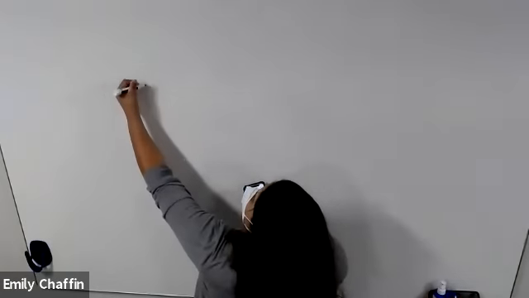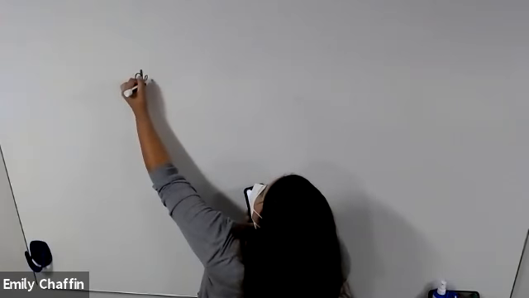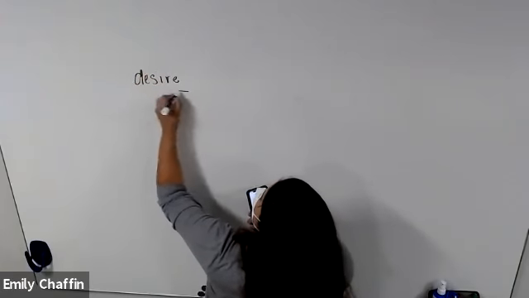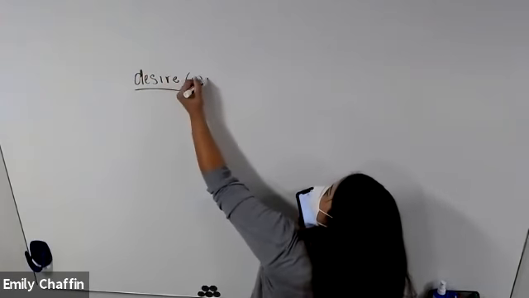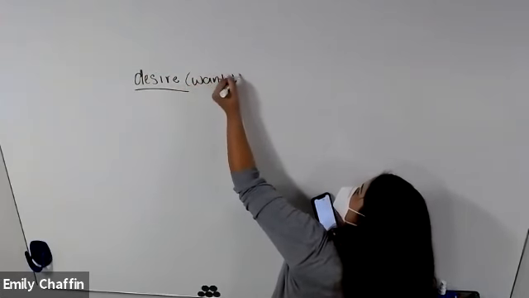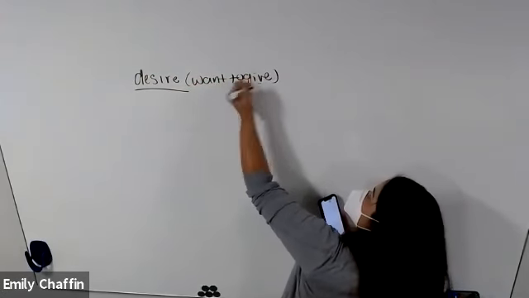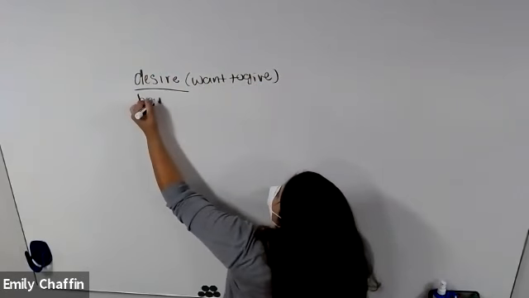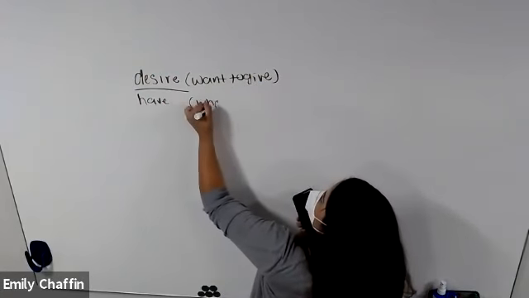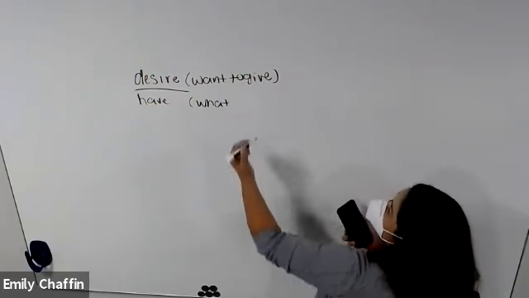So your order is what you desire. This is what you want to give your patient. And then your have is what's available, what's in your dispensary.